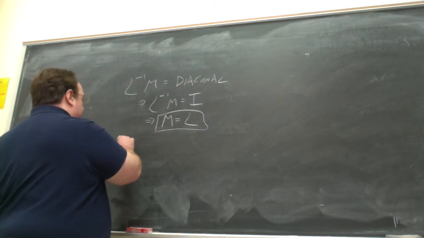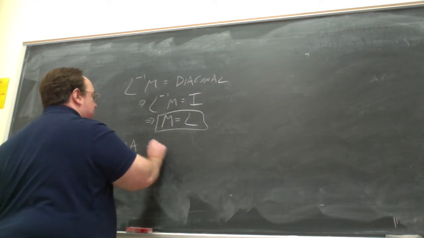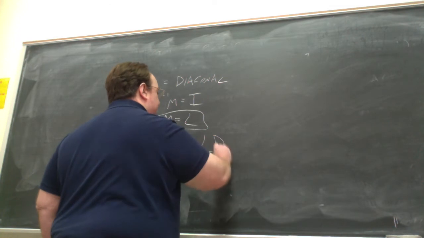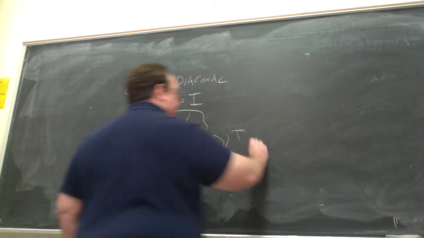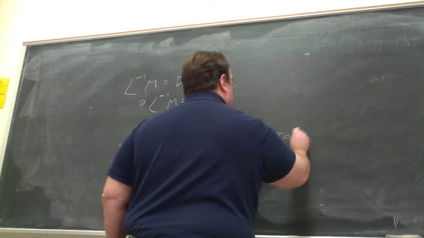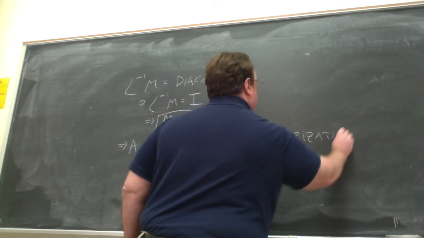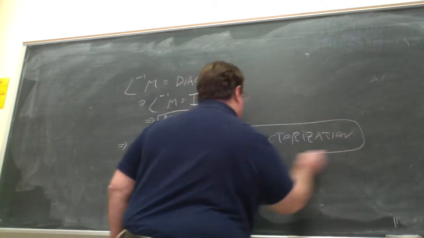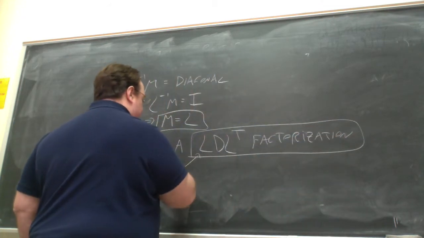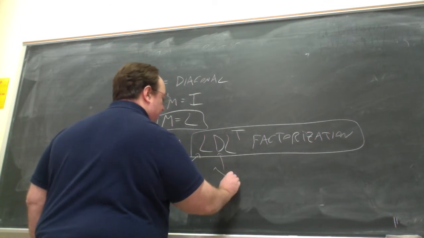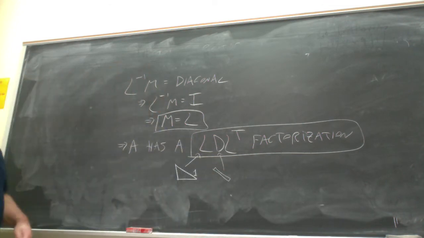So then A, if it's symmetric, has an LDLT or L D L transpose factorization. L is unit lower triangular, and D is a diagonal matrix. So if your matrix is symmetric, you can compute this instead of LU.